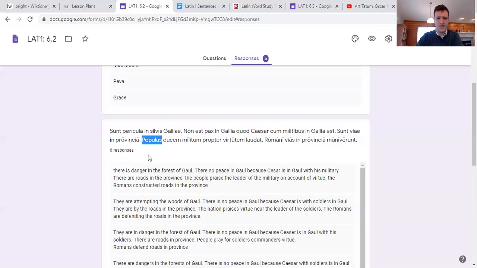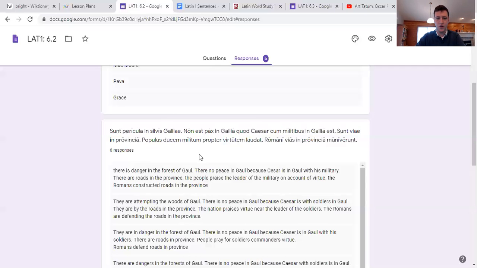This is the first sentence where we have a transitive verb. Remember, transitive means a verb that can take a direct object. So let's look for that. What case are direct objects in Latin? Accusative. I see two things that could be accusative singular. We have ducem, accusative singular masculine, and virtutem, accusative singular feminine.